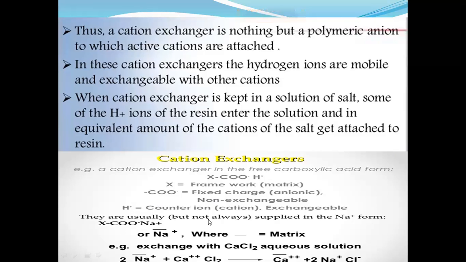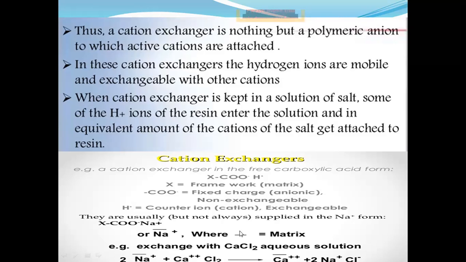They are usually supplied in a salt form. The H plus of COOH and sulfonic SO3H groups in these resins is replaced with Na plus, which is the salt form.